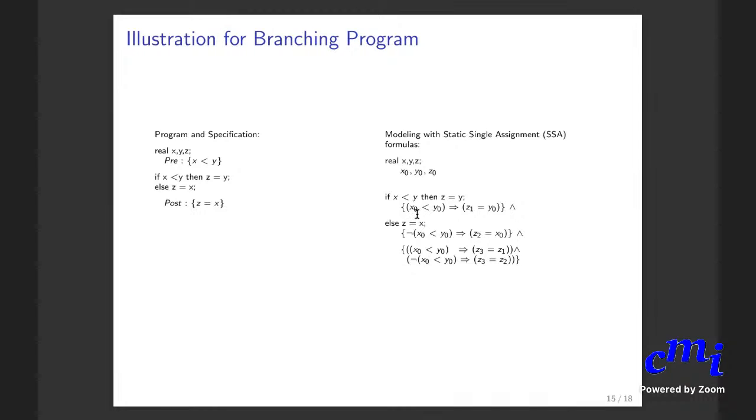If I take this part, x naught less than y naught, then Z3 would be the same as Z1. Z3 is denoting the value after executing both the possible paths that you could have taken in the two branches, the then and the else branch.